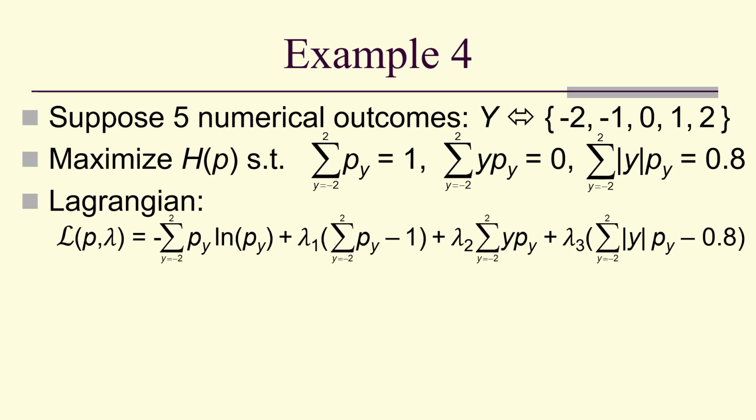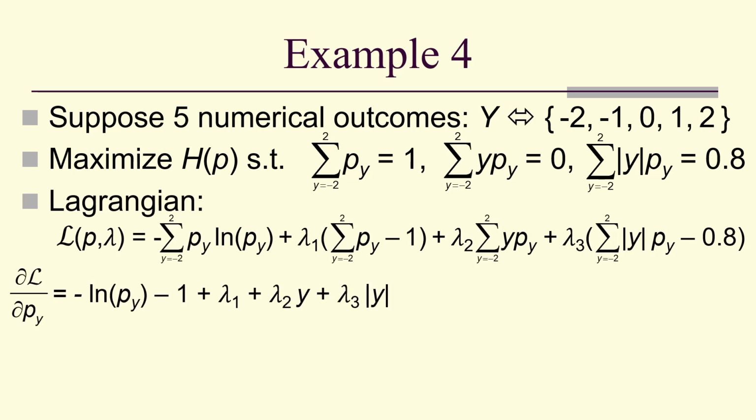Here's our Lagrangian. We take our derivative and get our familiar friend, this time with the lambda 3 times absolute y corresponding to our absolute constraint. The derivative with respect to p0 is negative log p0 minus 1 plus lambda 1. Boy, haven't we seen that many times.